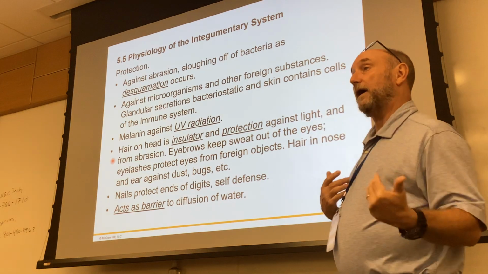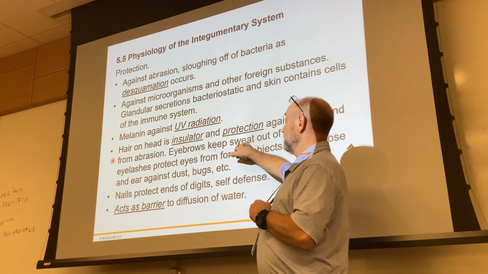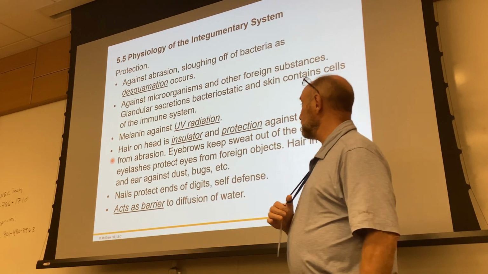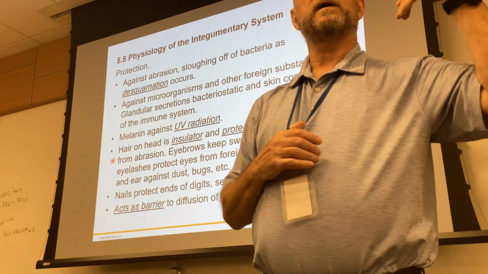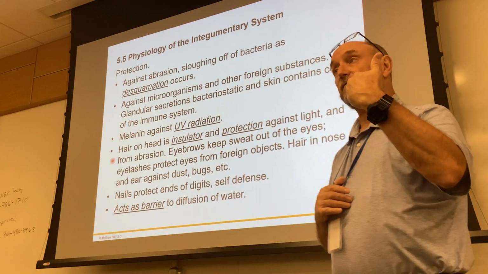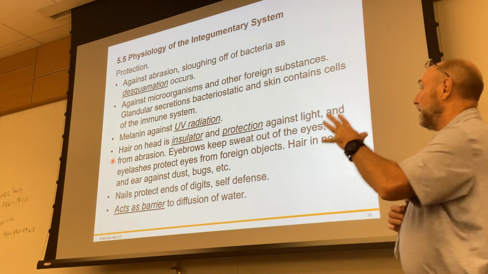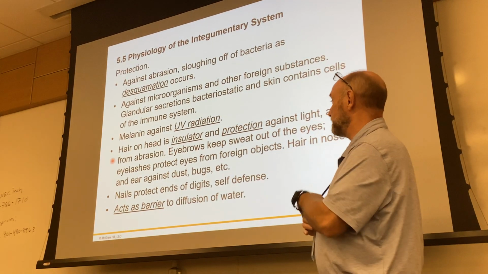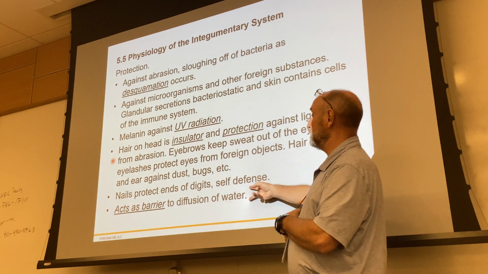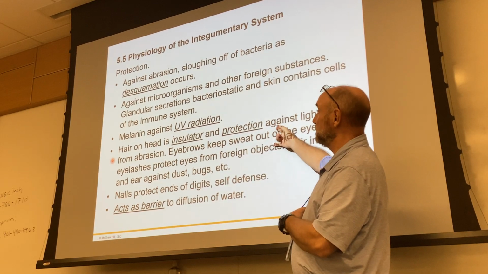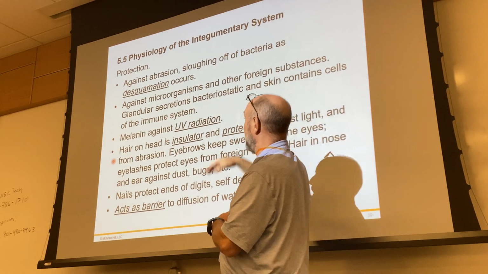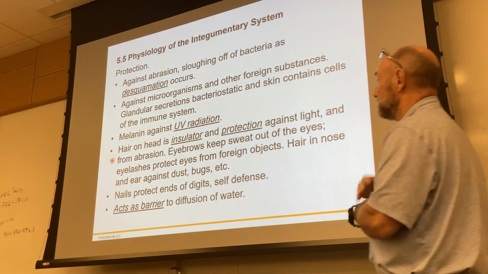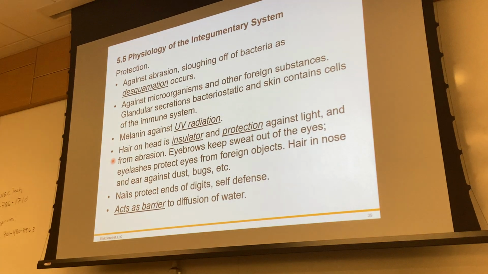In addition, specialized hairs, for instance eyebrows and eyelashes, can keep sweat and other particles out of your eyes. There are also hairs in your ears that will keep material from getting into your ears. These things will act as a barrier in general, but in addition, we're also going to be protecting against UV radiation. So we have hair on the head here.